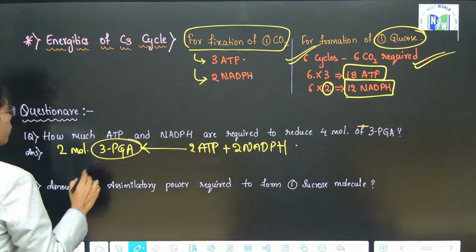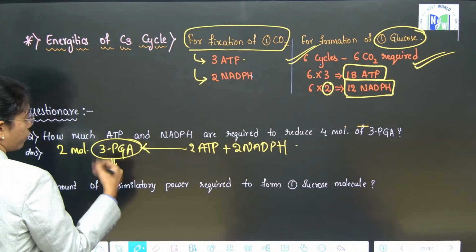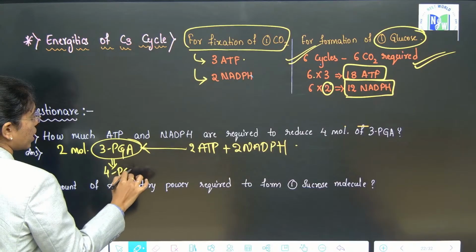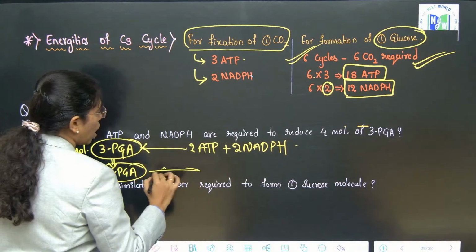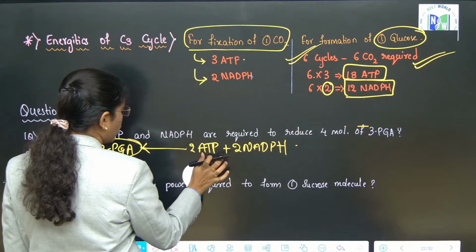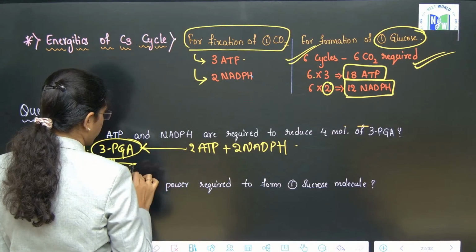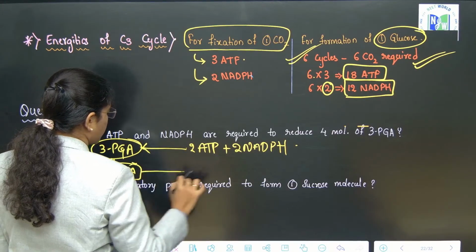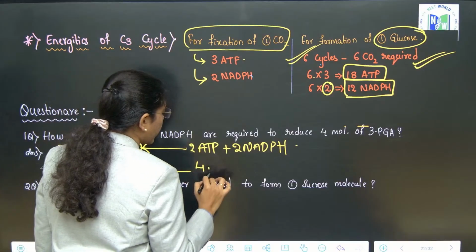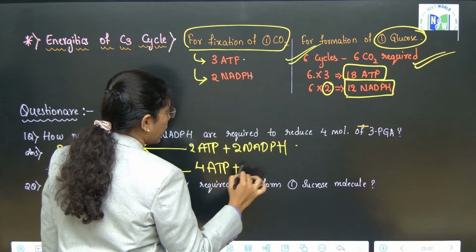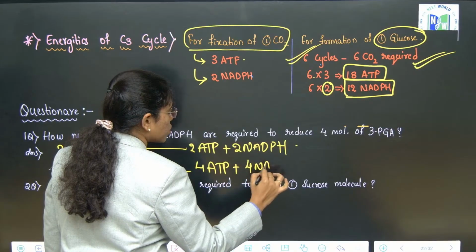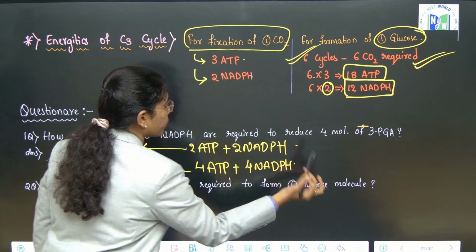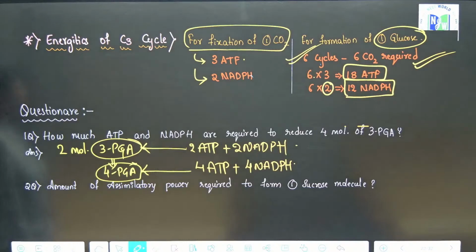And for formation of 4 molecules of phosphoglyceric acid, how much energy is required? 4 ATP and 4 NADPH. Fine, clear till here? Any doubt anywhere?